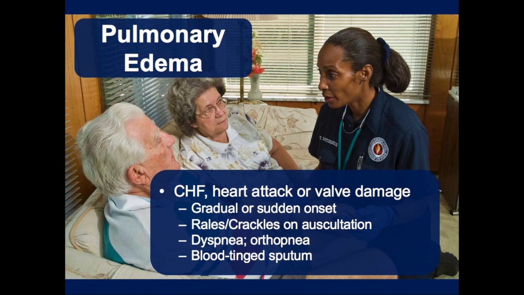In these patients, you're going to see they'll be in respiratory distress, especially when they're lying down. And remember, that's called orthopnea. They might be tripoding, trying to get themselves in a position to breathe better. They could be altered from hypoxia. And they may be coughing up a blood-tinged sputum that can kind of appear pink in color.